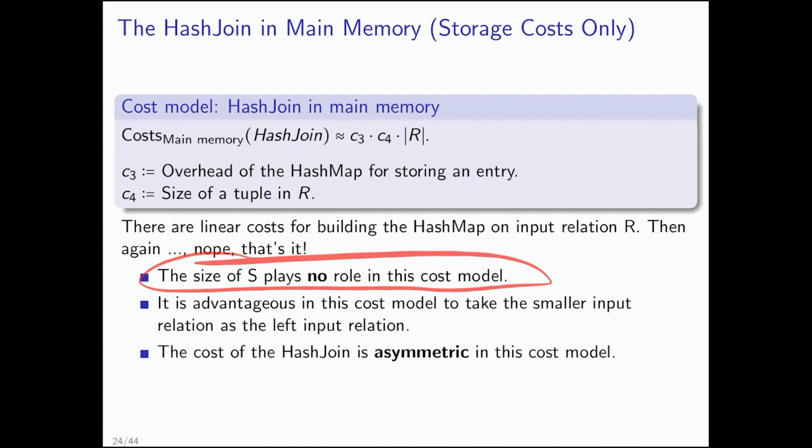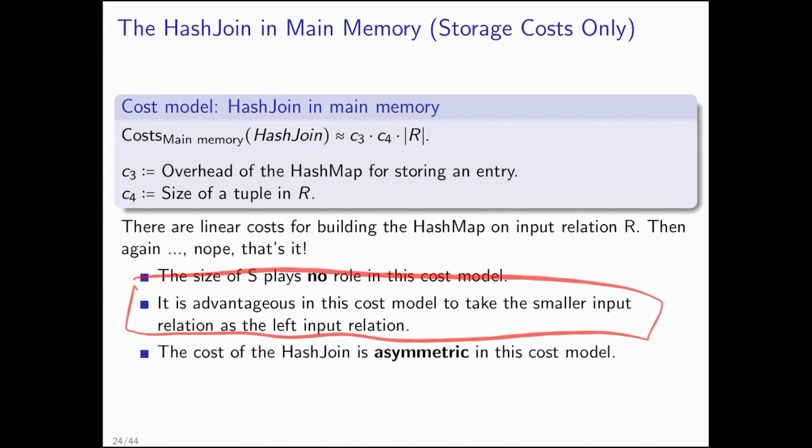And that also implies directly that it is advantageous in this cost model to take the smaller input relation as the left input relation. If one relation has 1 megabyte and the other has 1 terabyte, you better build the hash map on the 1 megabyte relation and not on the 1 terabyte relation.